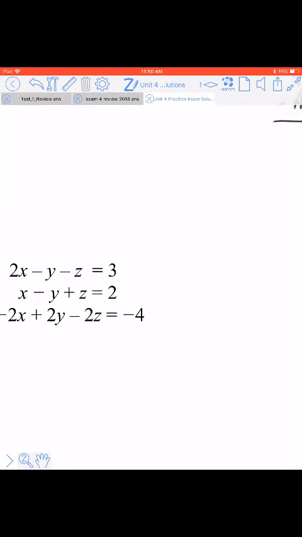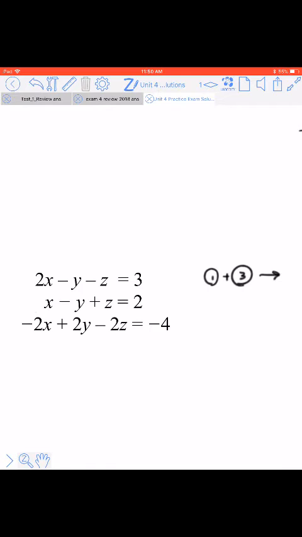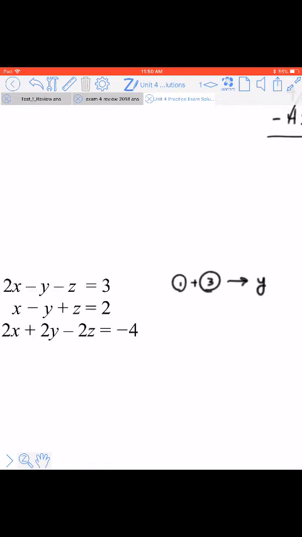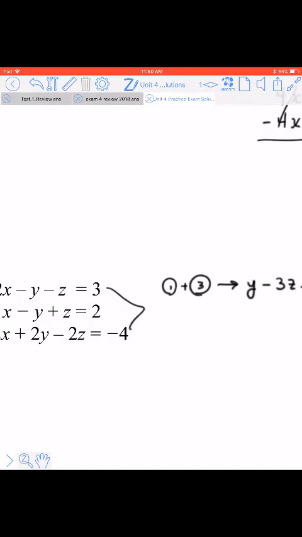So I'm going to add equation 1 to equation 3. So if I do that here, x cancels. There I'm going to get 2y minus y, that's y. Here I'm going to get negative 2z and a negative z, that's negative 3z. And then here and here, I'm getting negative 4 plus 3, that's negative 1.